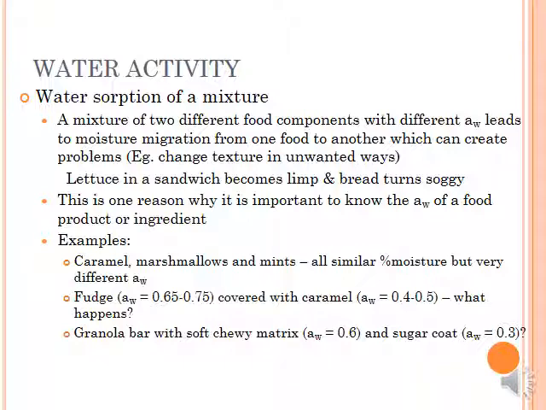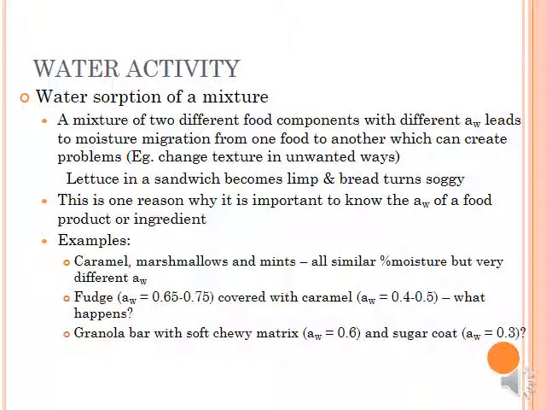So this is one example why food manufacturers need to know the value of water activity of food, so that they don't prepare food that ends up changing in terms of texture.